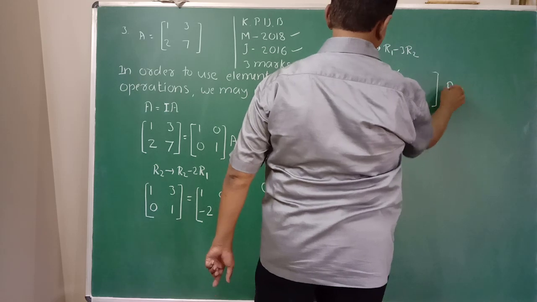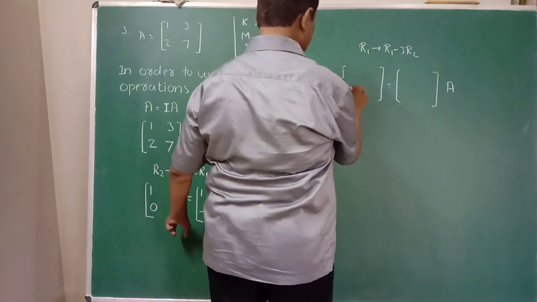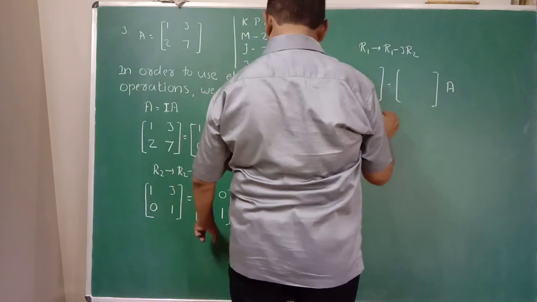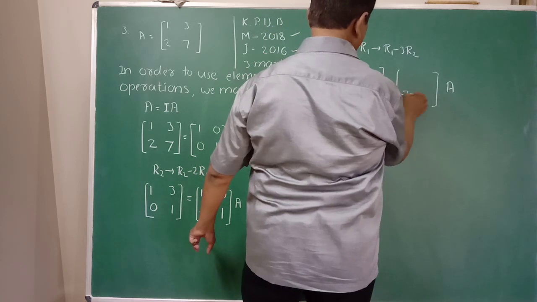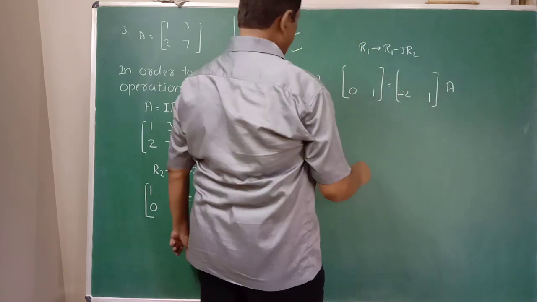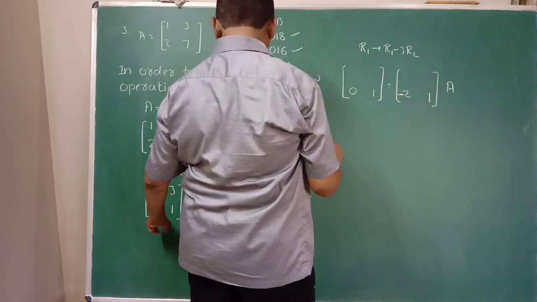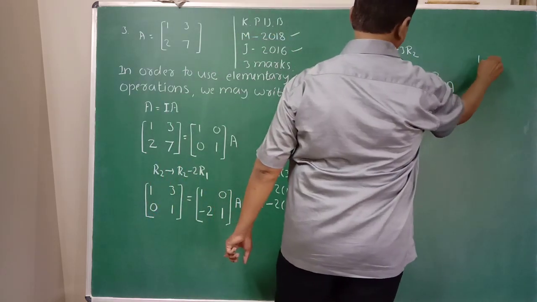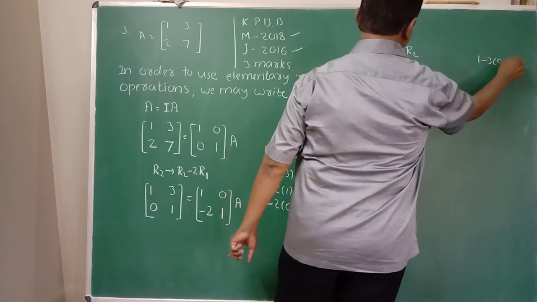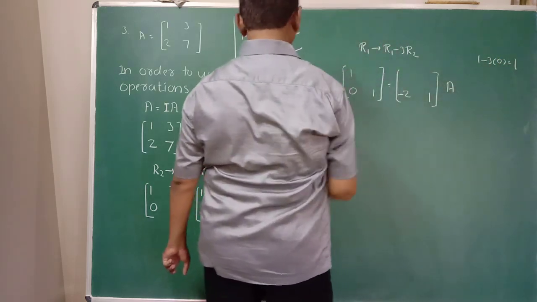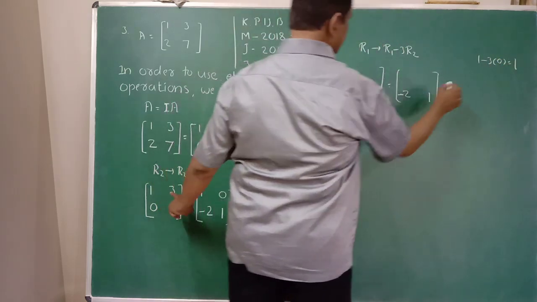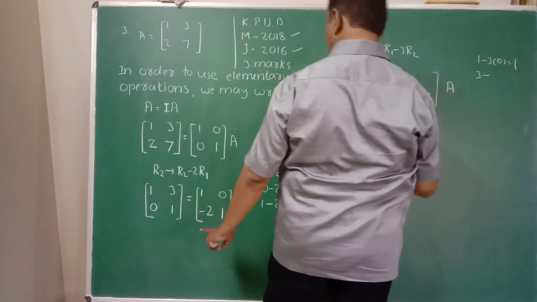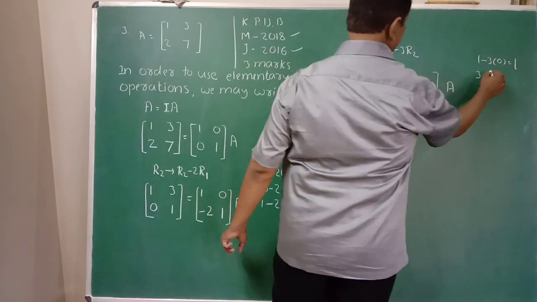Therefore 0, 1 is there, and minus 2, 1 here. Then 1 minus 3 into 0, multiply the second row by 3, 1 minus 3 into 0 is 1. So right here 1.